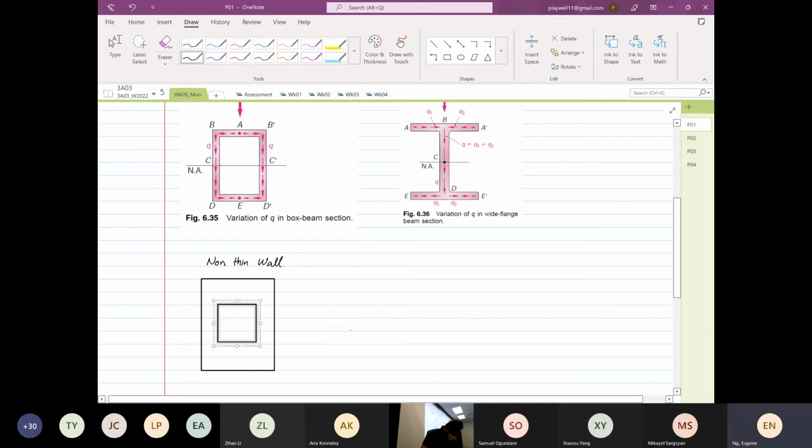Let's say we have identified where the centroid is. So this is our centroid.